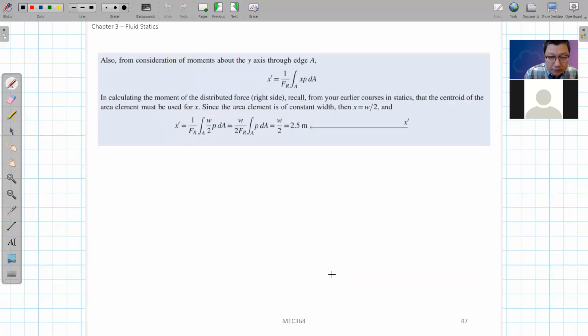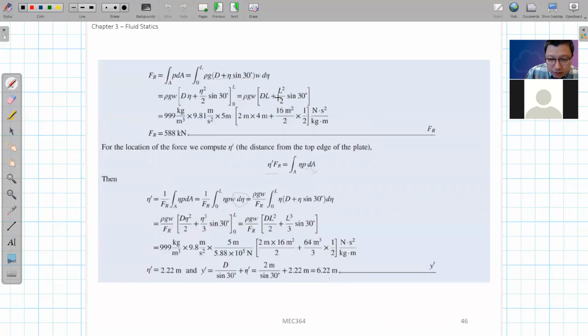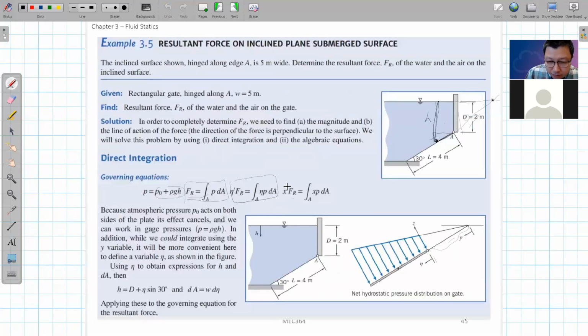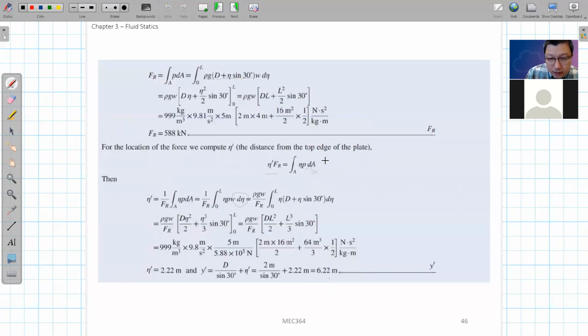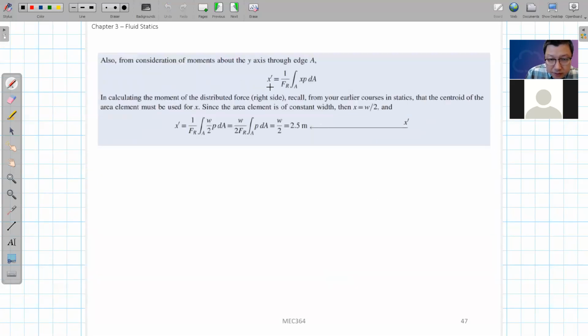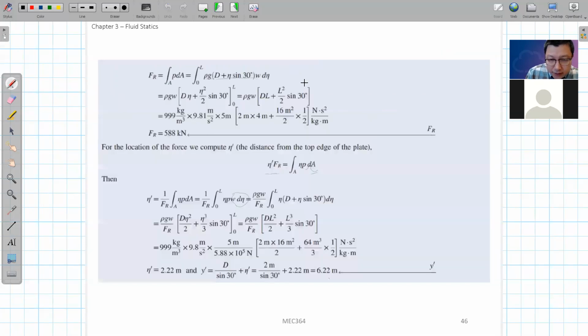And similarly you can find the x coordinate of the center of pressure. You use this correlation for the moment balance, and you bring in FR, the magnitude of the resultant force, which is known, and p again as rho g times d plus eta sin 30 degrees.